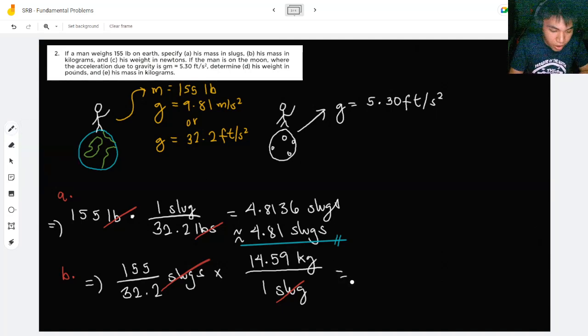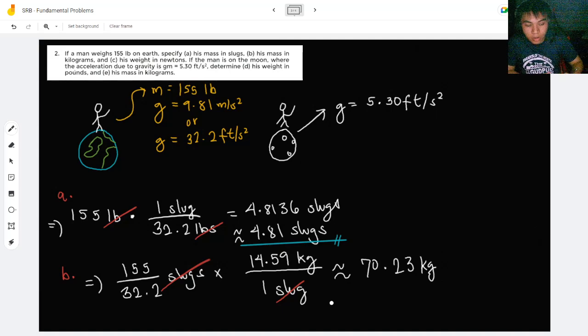We will end up with a long answer again, but I will just round it off. This is approximately 70.23 kilograms. Just put the approximate sign.